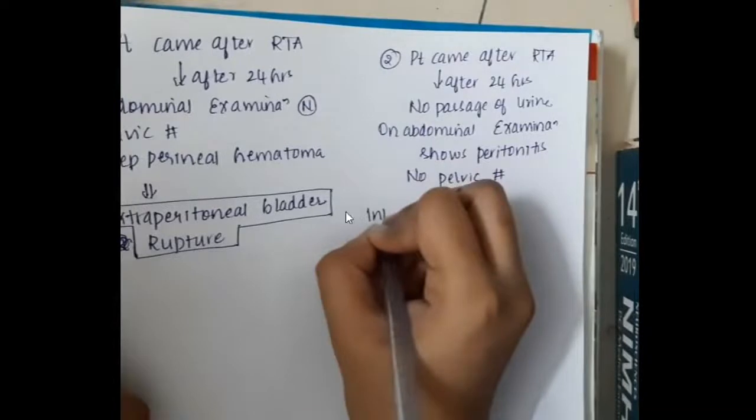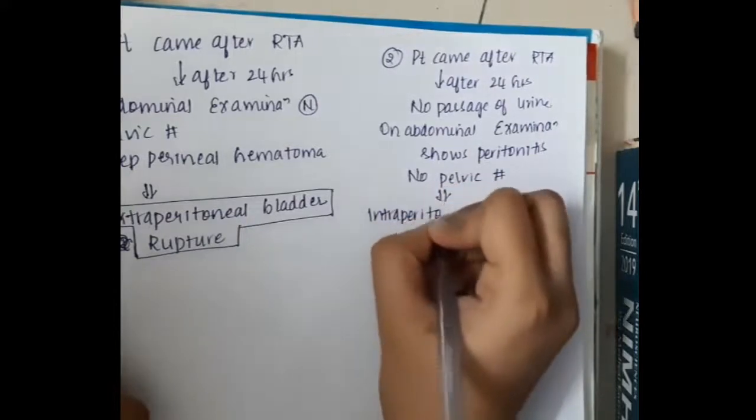Here the main feature is no passage of urine, so that tells there is bladder rupture, bladder injury. Second, peritonitis. Only when there is a breach in the peritoneum will there be peritonitis. So obviously it is rupturing the peritoneum. So this is intraperitoneal bladder rupture.